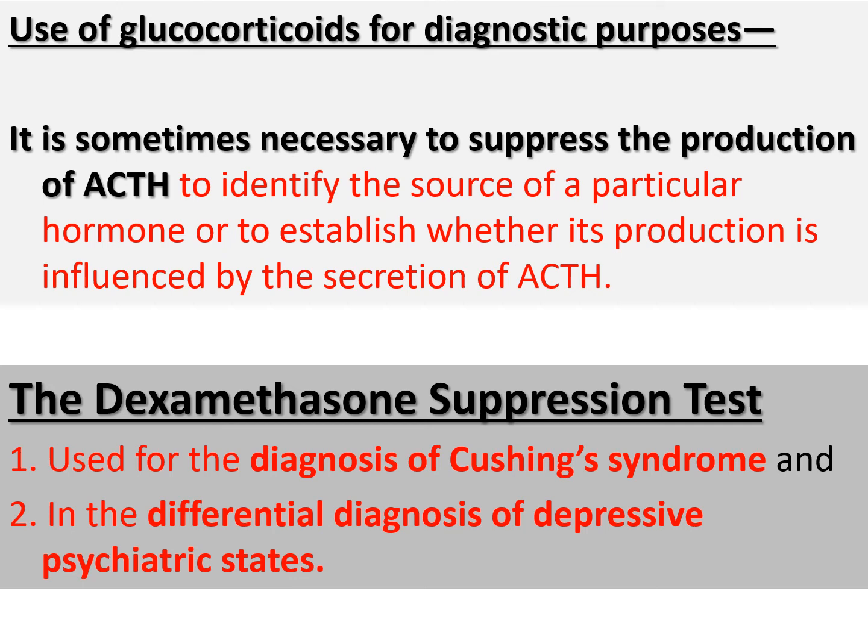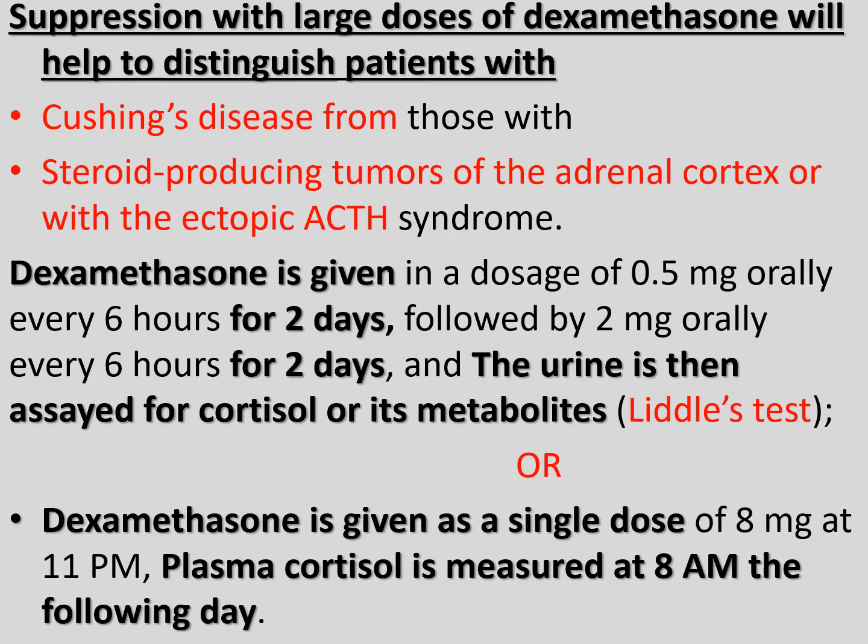So this test, which we do by giving steroid to suppress ACTH, is called the dexamethasone suppression test, and it is used for the diagnosis of Cushing syndrome, and for the differential diagnosis of depressive psychiatric states as well.